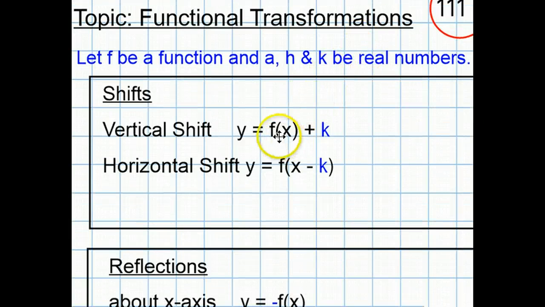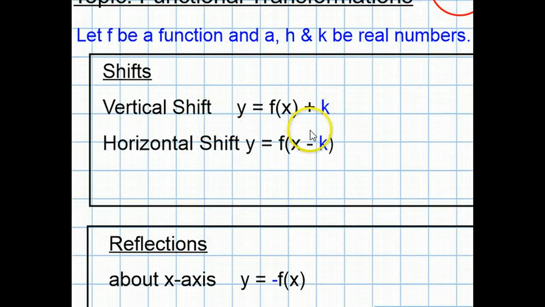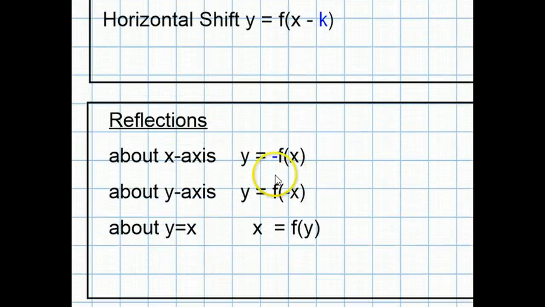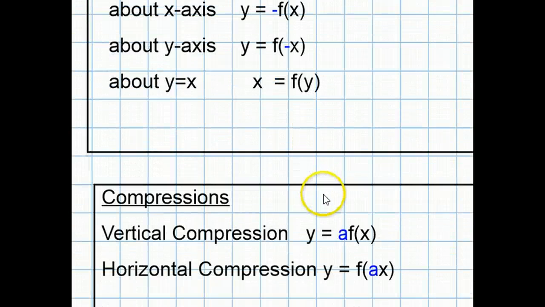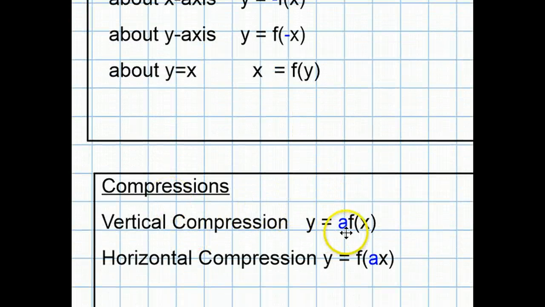And we said for any function f, if I add a positive number k to the function value, I'm going to get a vertical shift. And if I add a positive number k to the x value, I'm going to get a horizontal shift. And then we talked about the different reflections across the x-axis and the y-axis. And then we talked about the different types of compressions.